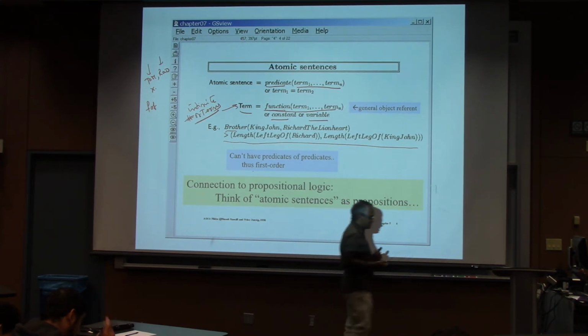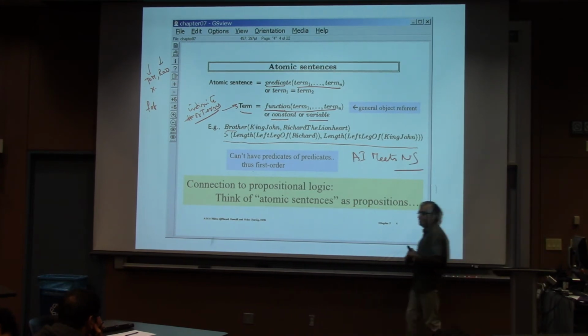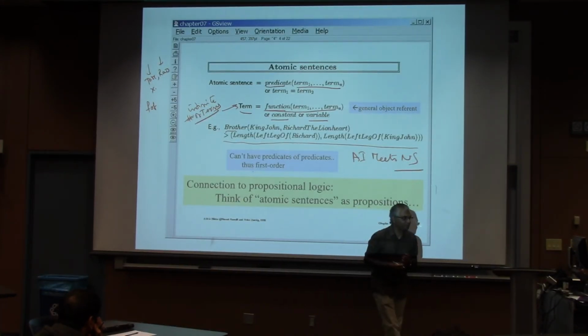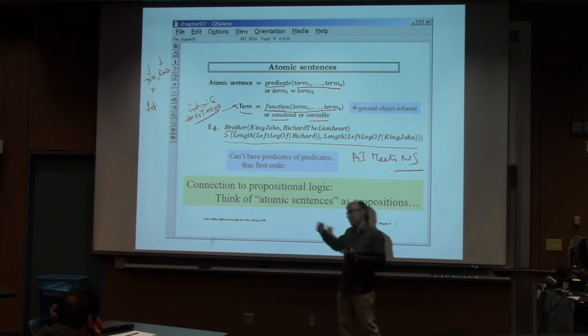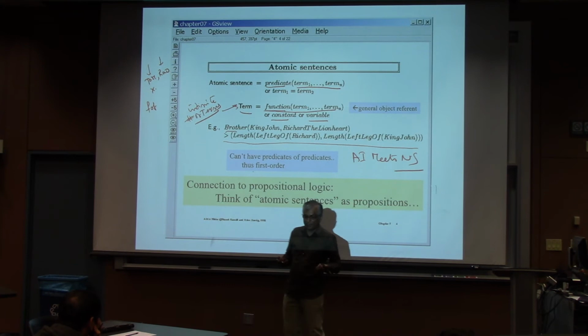In fact, there was a great old paper called AI meets NS, artificial intelligence meets natural stupidity. This was in old times, and a very smart guy called Drew McDermott wrote this paper. One of the things he was saying is that at that time people were doing this wishy-washy thinking.